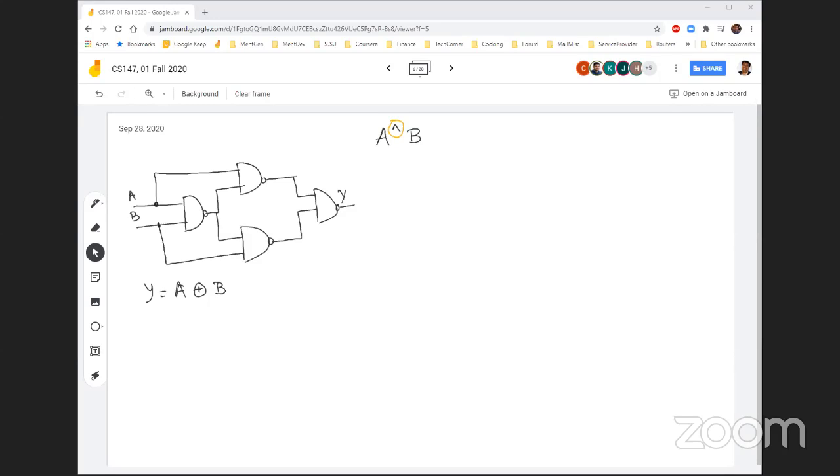Sometimes I also use this, which is also a standard notation for XOR. This notation is not available on the standard keyboard, so we don't use it in any programming language, whereas Verilog uses this notation. So any notation like this or this practically tells you XOR.